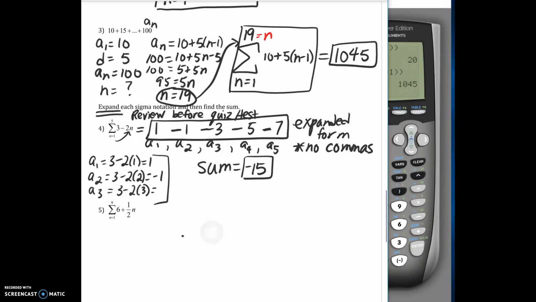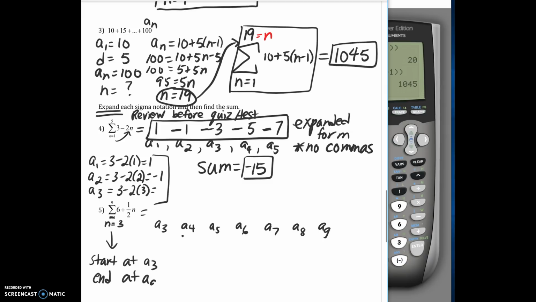Then for this last example, I'm going to change the bottom part here, make this n is equal to 3. So what that means when we expand it is we're going to do A3, A4, A5, A6, A7, A8, and A9. So this means for this one, start at A3, end at A9.